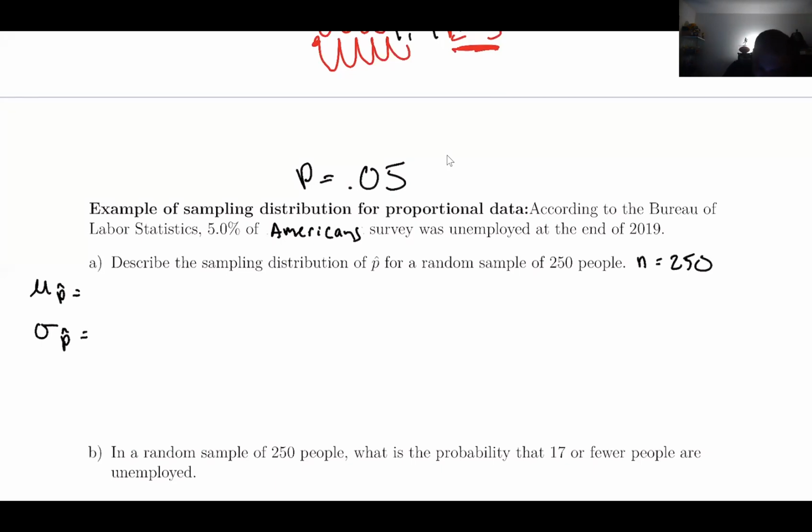We're also gonna check to see if our distribution is approximately normal, or is it not normal?